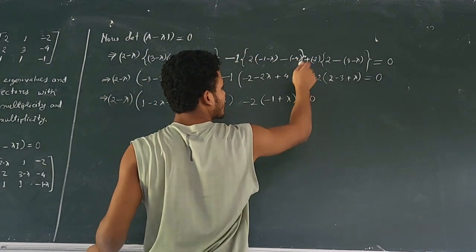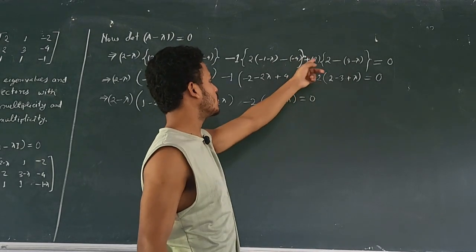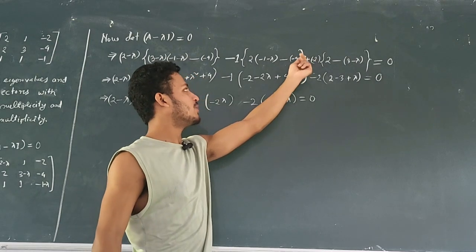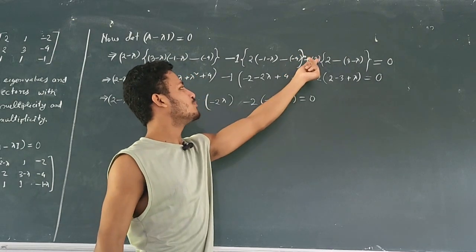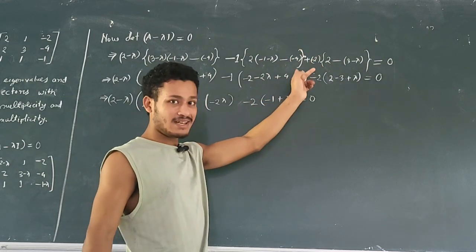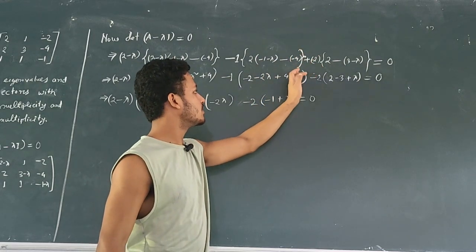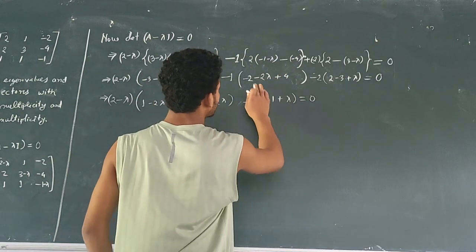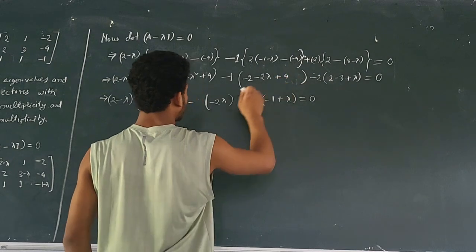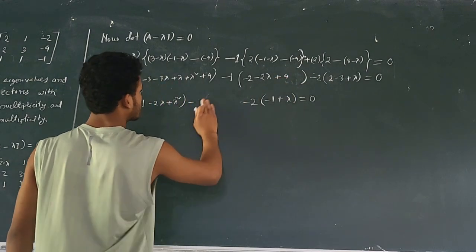This is not here. Here I took this with it, because I did not write the bracket here, so I put it here. After that I put the bracket. Then it should be okay. And this is 4. Here it is.